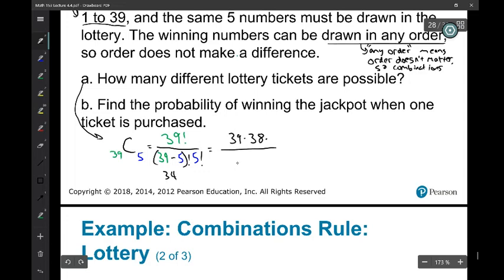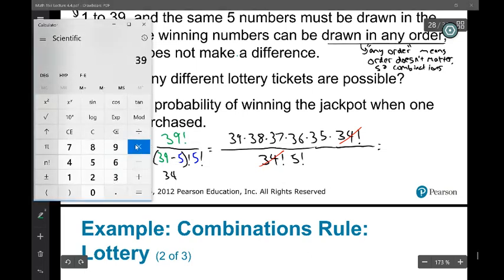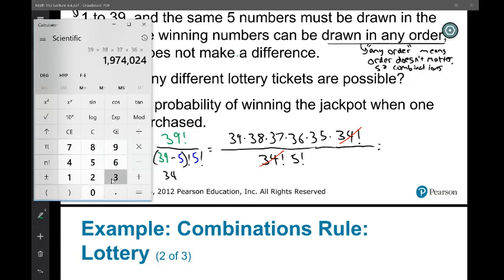So 39 times 38 times 37 times 36 times 35 times 34, and stop there. 34 factorial, because we have 34 factorial in the denominator, and then a 5 factorial here. So 34 factorial cancels top and bottom, and then we have 39 times 38 times 37 times 36 times 35.